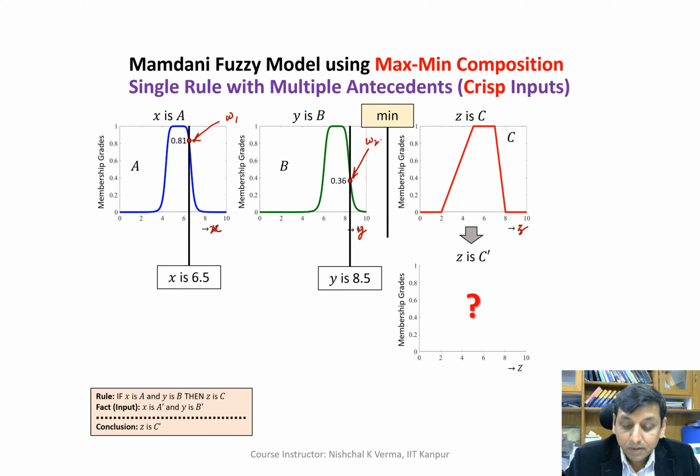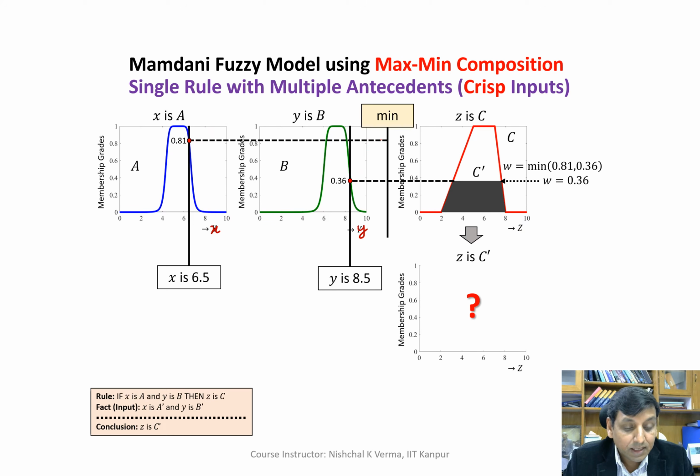This way we have two points of intersection. Now for max min composition, we have to take the min of these two, the min of W1 and W2.